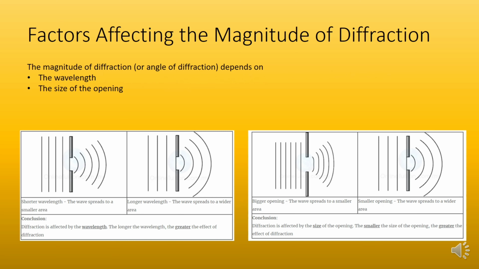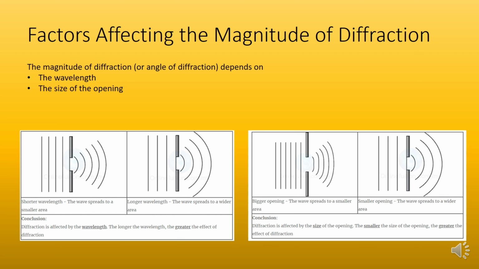So this is an example of diffraction. The magnitude of diffraction depends on wavelength and size of opening. Here we can see this is a small wavelength compared to this, which is a larger wavelength with the same opening.